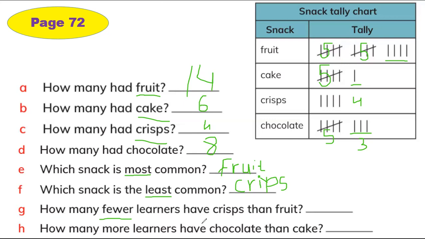G. How many fewer learners have crisp than fruit? You have to read this question. So there will be 10.